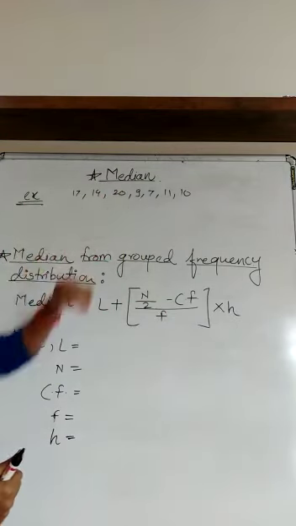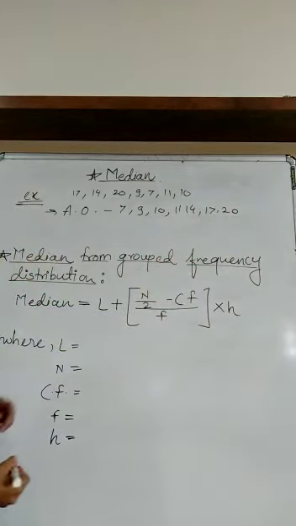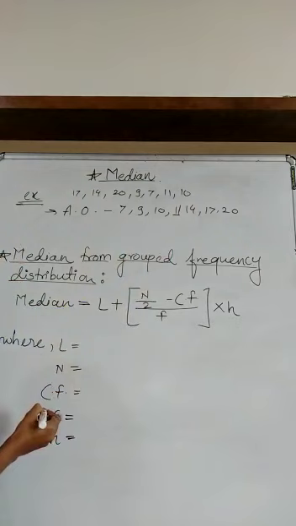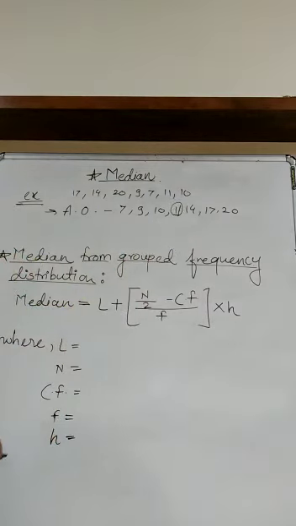So I will arrange it in ascending order: 7, 9, 10, 11, 14, 17 and 20. Now from these numbers I will get it very easily which number is at the middle position, and that is nothing but 11. So it will be easy to get the number at the middle position by the median.